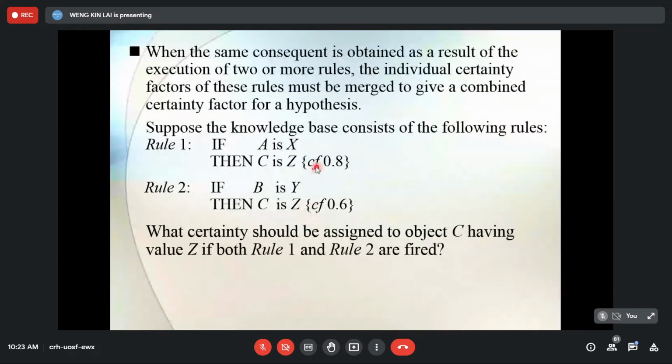So in this case, you can see rule 1, C is Z, certainty factor 0.8. The second one is C is Z, 0.6.